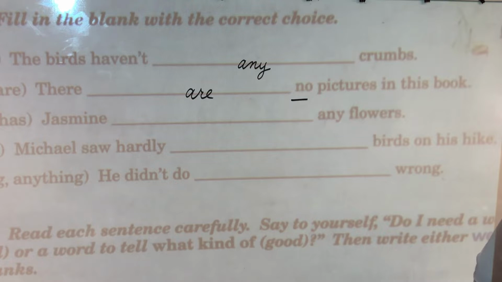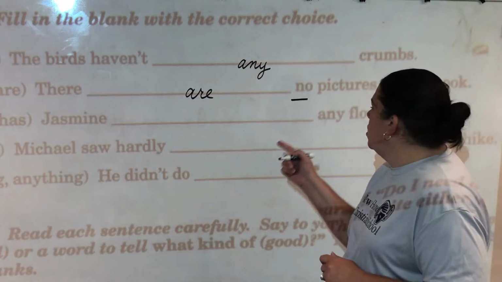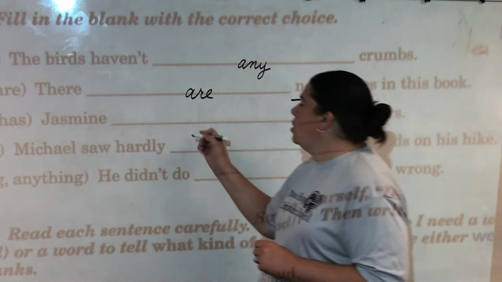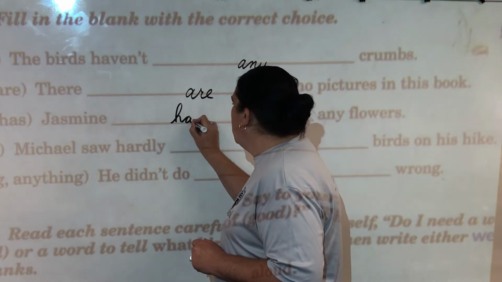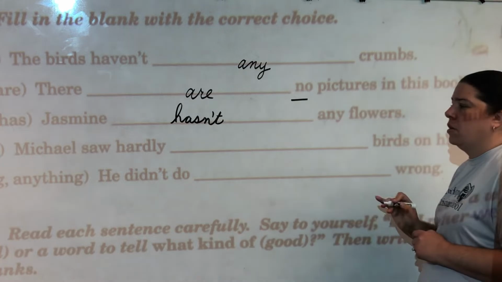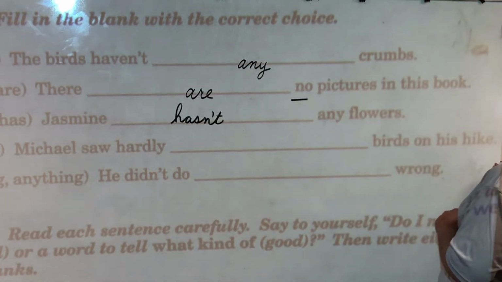Jasmine blank any flowers. Okay, do you have any negative words in here? No, so you need hasn't. Hasn't any flowers.